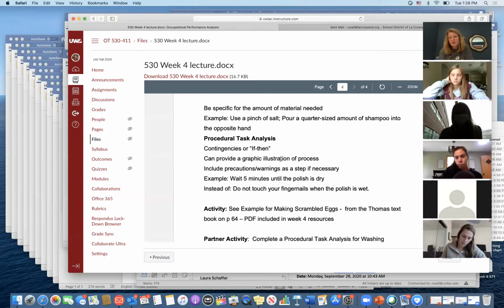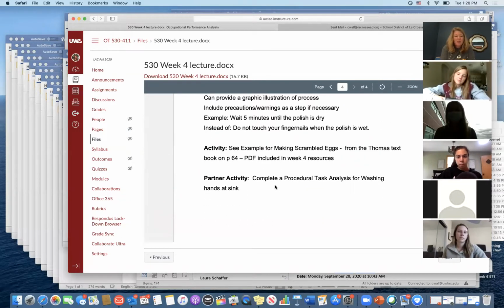You have to understand where your client is functioning and how much assistance they're going to need, whether they need pictures or a timer. As you get to know your client, you'll know exactly how much information to put in.